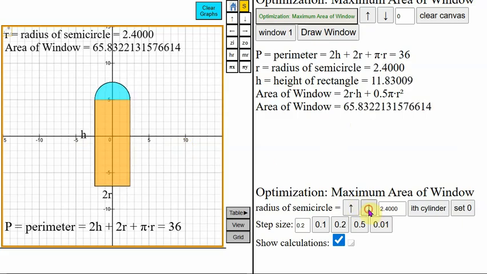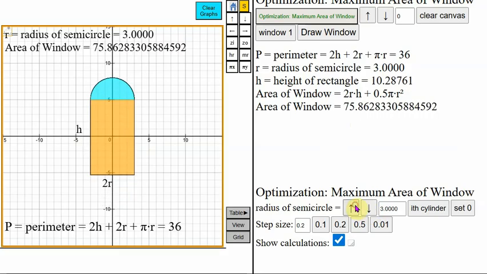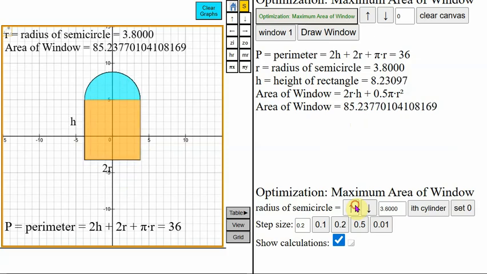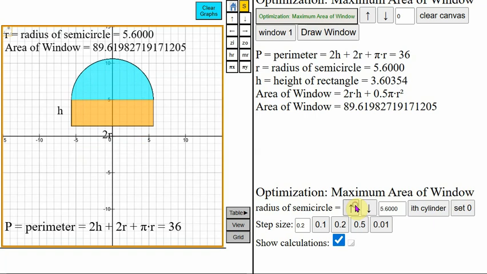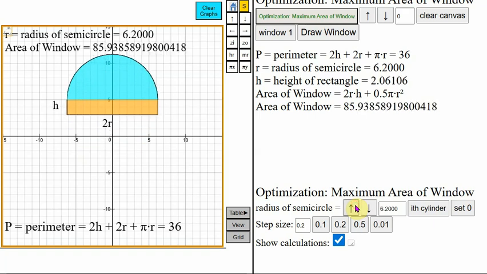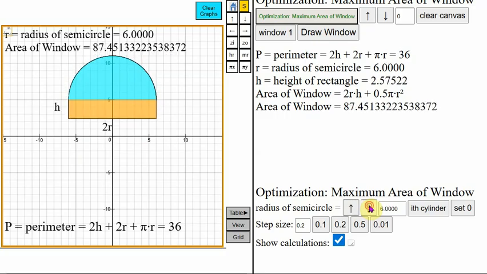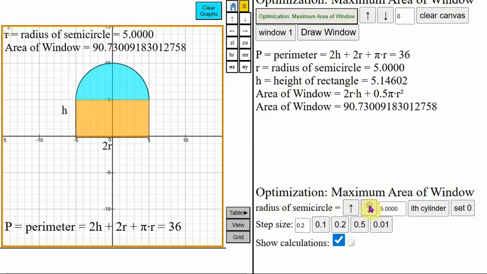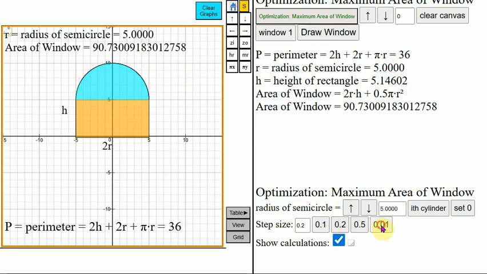Now I'm decreasing the radius here. Let's increase the radius and see if we can find the maximum area. It looks like the maximum area is about 90.73. Let's see if we can get a number bigger than that.